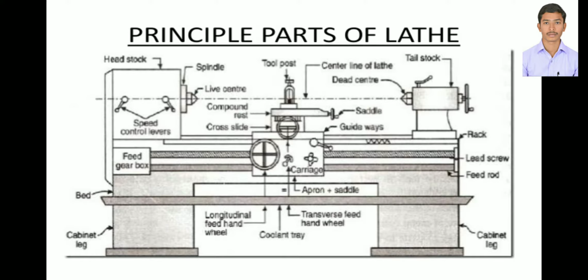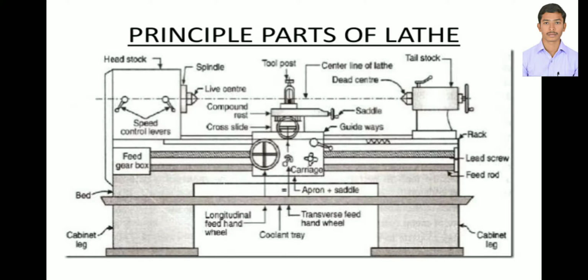These are the main parts in the lathe machine, and we also have different components: the cabinet, speed control levers, gearbox, cross slide, compound rest, handles, apron, saddles, longitudinal feed hand wheel, coolant tray, transverse feed hand wheel, oil collector, coolant, center line of lathe, dead center, tailstock, rack, lead screw, feed rod, cabinet leg, and many more parts. So these are the principal parts of a lathe machine.